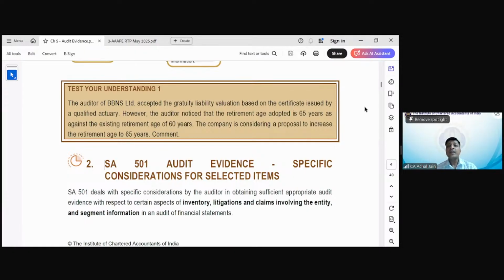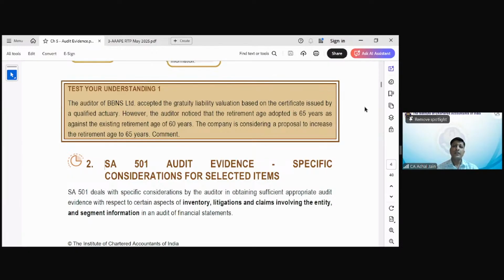What are those? Inventory, litigations, segment information. See, if you look at these three areas, generally these areas are considered to be important in any financial statements. So that's why some sort of guidance was required in respect of these areas as to what you do, what you consider, how you audit them, right?